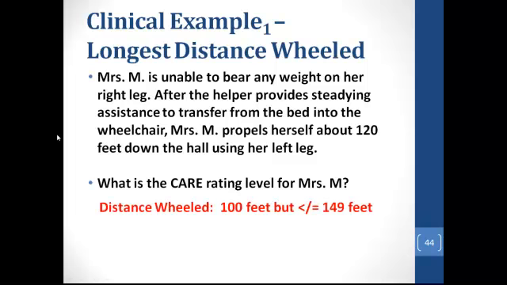The best response is wheeling 100 feet but less than or equal to 149 feet, and the level of assistance would be independent. The patient wheels herself more than 100 feet but less than 150 feet. The assistance provided by the helper with the transfer is not considered when scoring longest distance wheeled. There is a separate item for scoring bed-to-chair transfers.